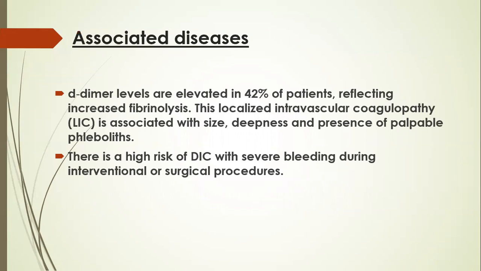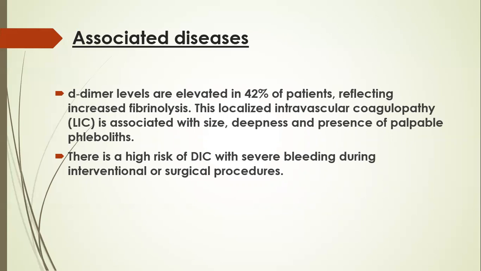Associated diseases. These vascular malformations have D-dimer level elevated in 42% of patients, reflecting increase in fibrinolysis. This localized intravascular coagulopathy is associated with size, deepness, and presence of palpable phleboliths.